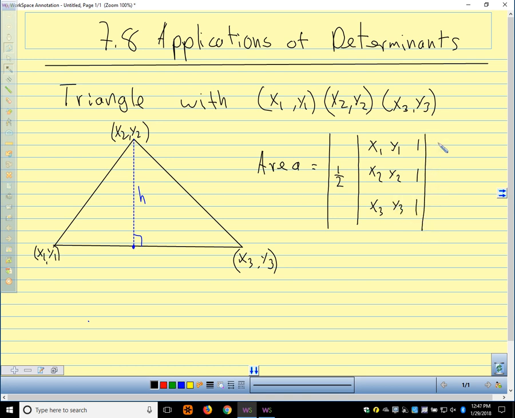Take the determinant of that matrix, multiply it by 1/2, and then take the absolute value to make sure our area turns out positive. So we can find the area of that triangle using a determinant. We're going to connect back to this formula when we talk about 3-dimensional vectors in chapter 10, because this really has to do with 3-dimensional vectors. So determinants are easy to calculate, a nice, easy way to find the area of that triangle.